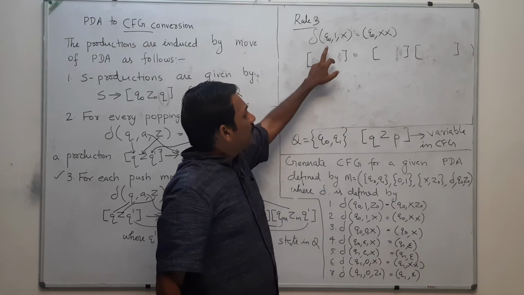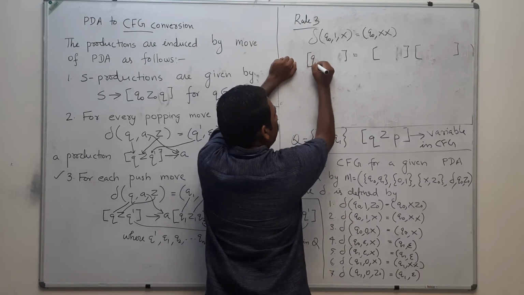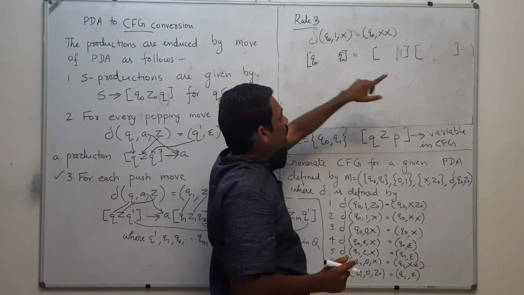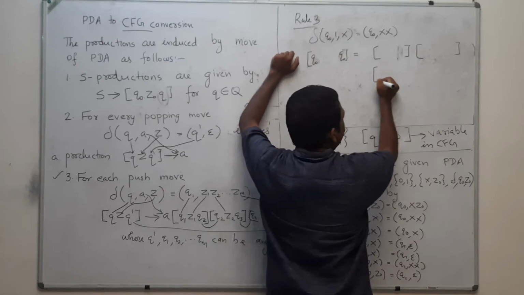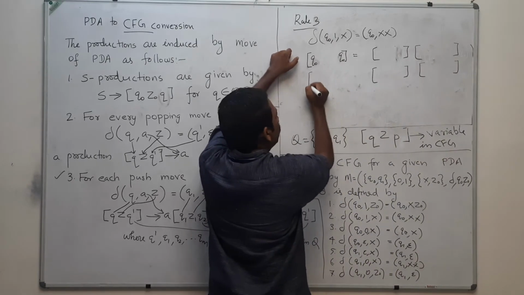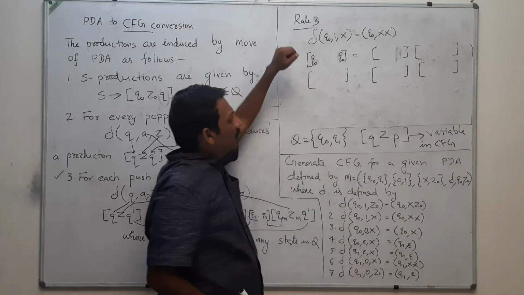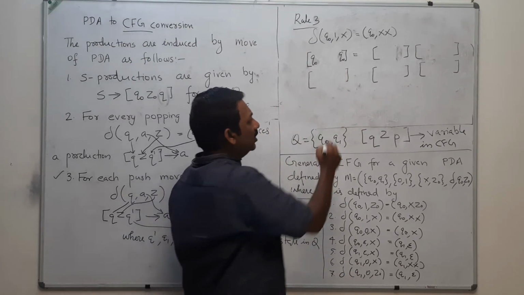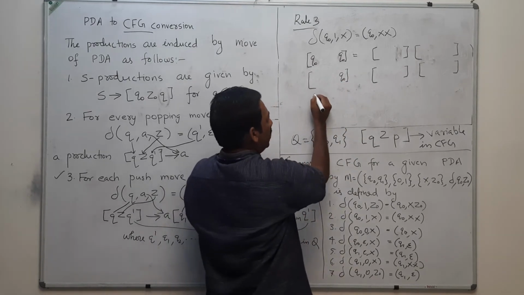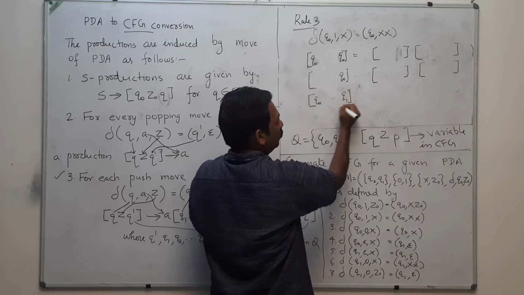Now if we are moving from Q0 to Q0, there are two possibilities, and those two possibilities are, okay. Now if this is Q0, you have two possibilities, and if this is Q1, Q0 to Q1, and again you have two possibilities.